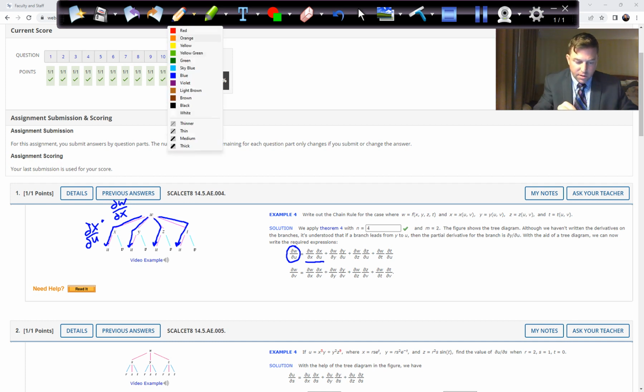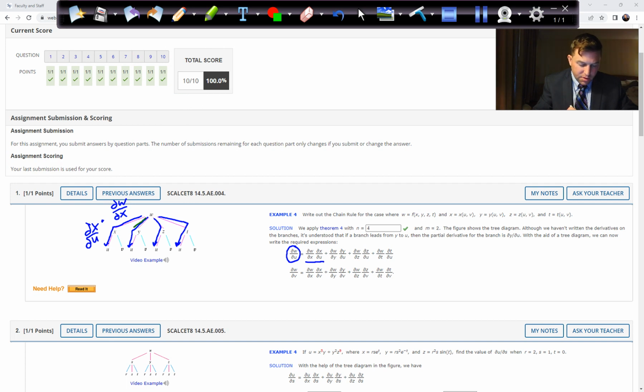Maybe I should use color here. Then in green, we're going to have dw dy, because I went from w to y, and then we have dy du, because I'm going from y to u. So dw dy, dy du. Then we go down the z branch, so let's make it purple.